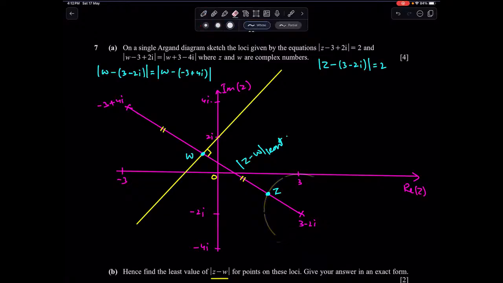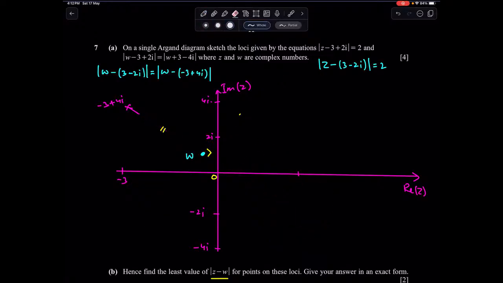In this diagram, if I don't take the correct scale, then this will create problems.